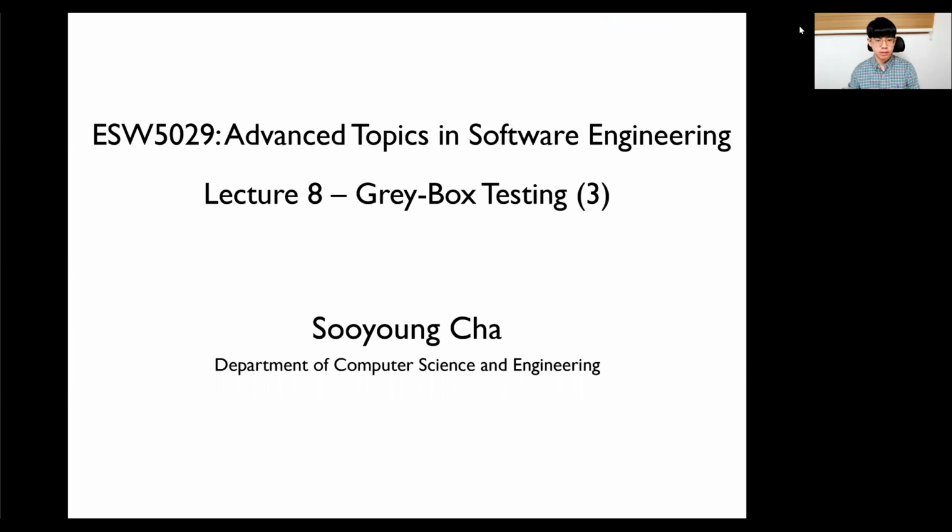Okay, hello everyone. In the previous lectures, we learned about recent trends for mutation-based fuzzing techniques, where the trend is the transition from program-agnostic fuzzing to program-adaptive fuzzing.